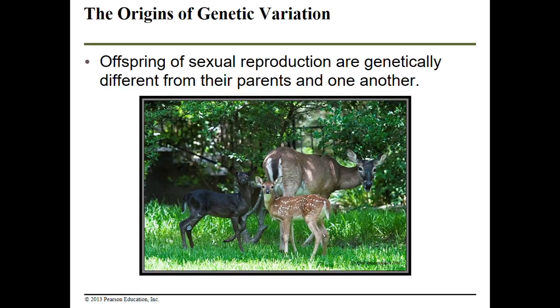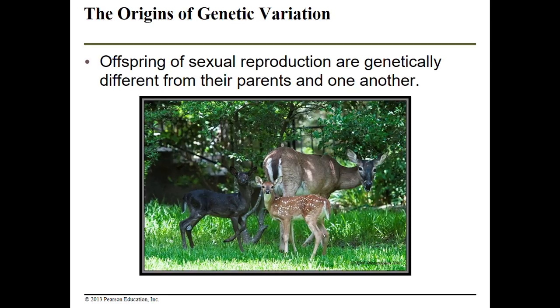So next, the origins of genetic variation. Offspring of sexual reproduction are genetically different from their parents and one another. So this is where that genetic variation steps in. Because of variability, some offspring can be more successful than others.